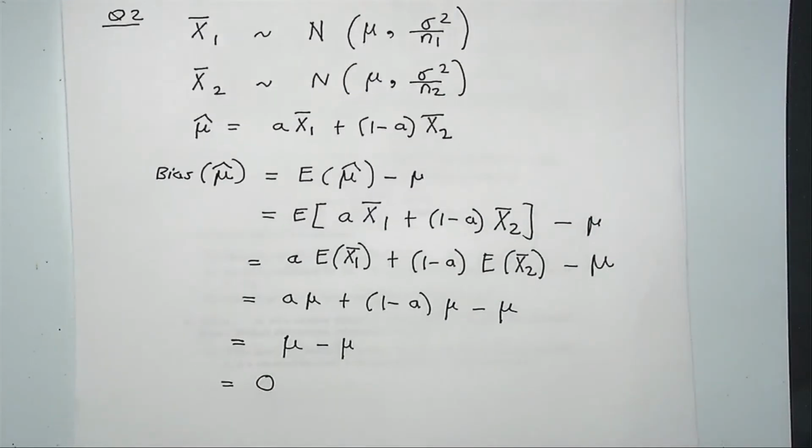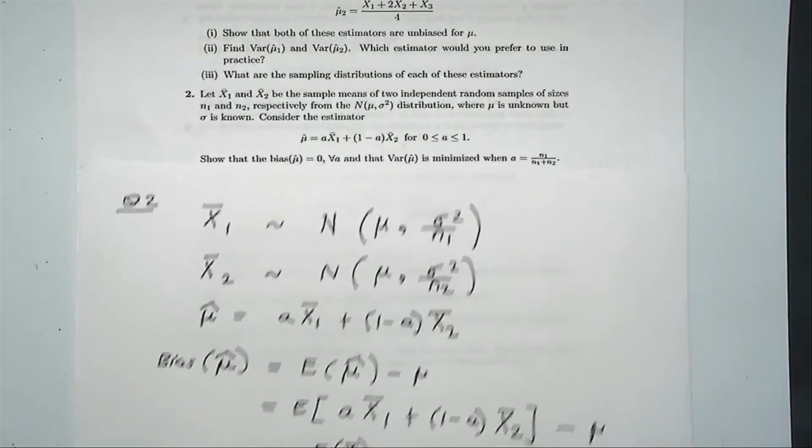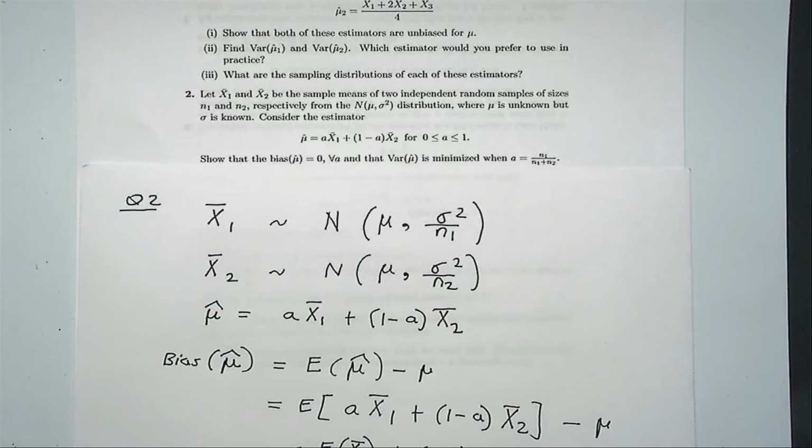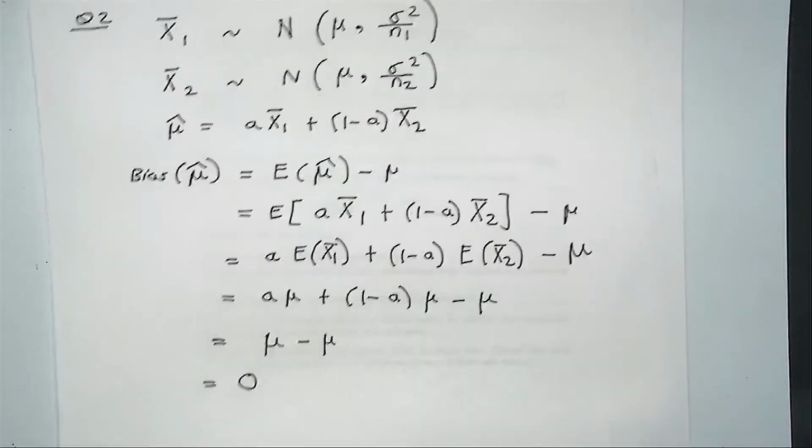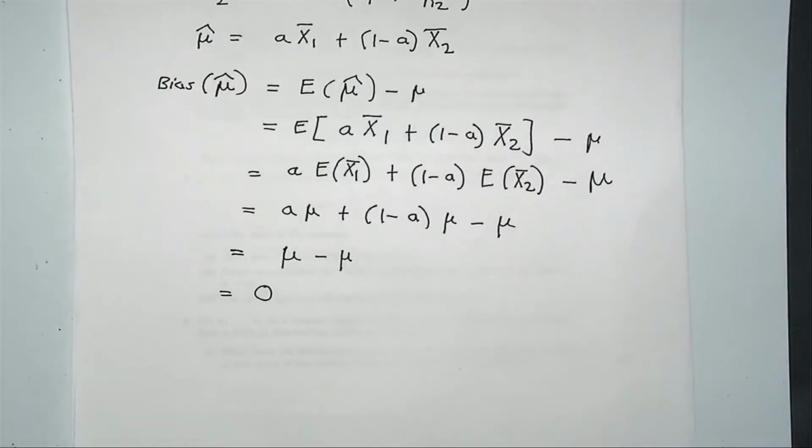So that completes the first part. We have shown that the bias is 0 for all values of a. The second part is to show that the variance is minimized when a equals n1 divided by n1 plus n2. So let's see how we can do this.